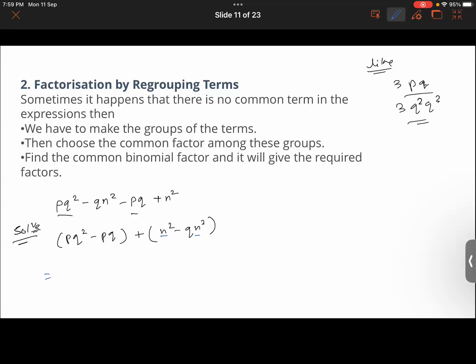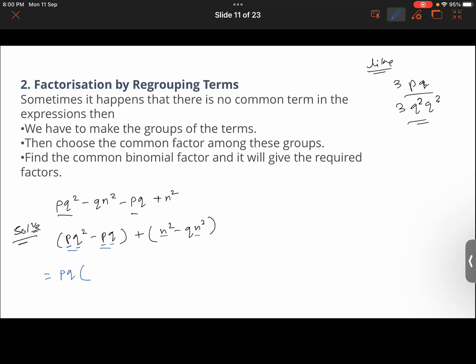Now see, in pq square and pq, what is common? Only p is common in both of them, and q is common in both of them. So it means pq is common in both of them.